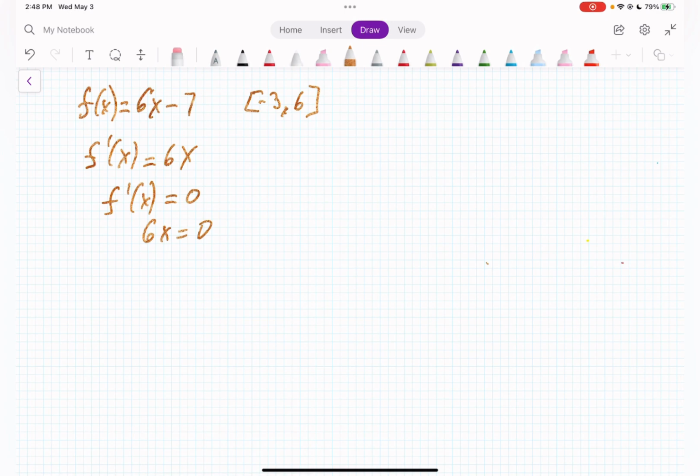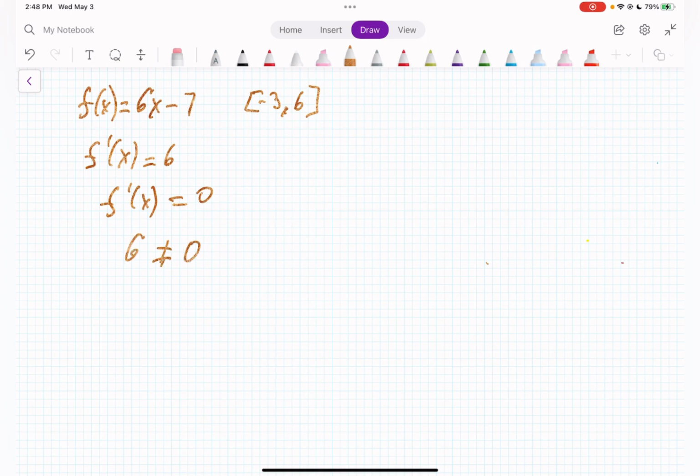Oh, duh. Sorry. The derivative of 6x is 6. Which means, if I assign it to 0, then I'm getting 6 is equal to 0, which is nonsense.